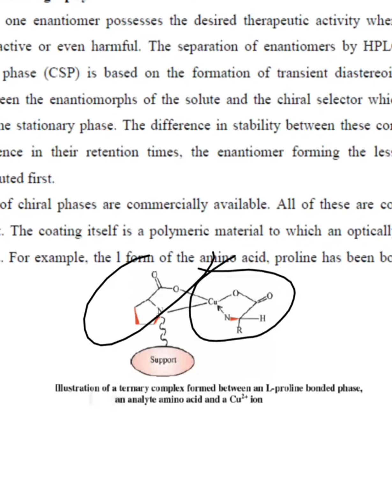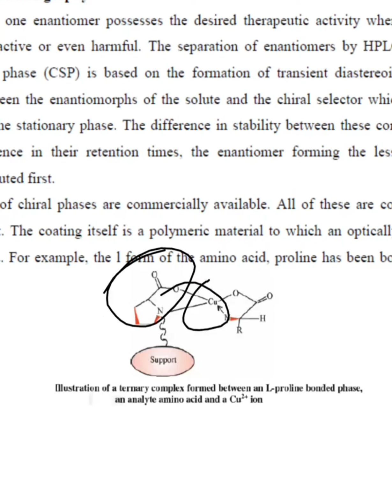This is the amino acid where the cross-linked copolymer has been formed with copper. So the stationary phase for the separation of this racemic mixture is made by linking using cross-linked copolymers.